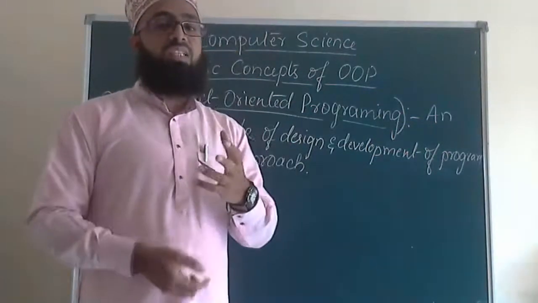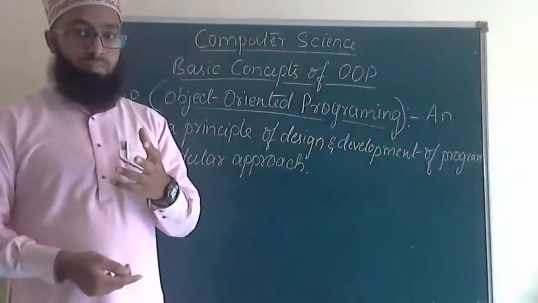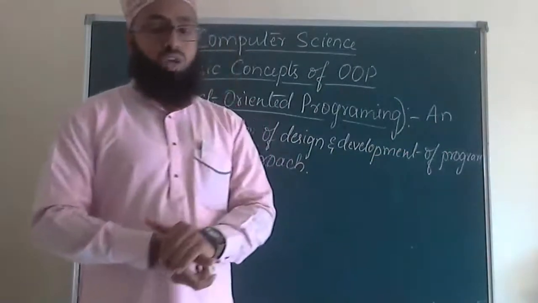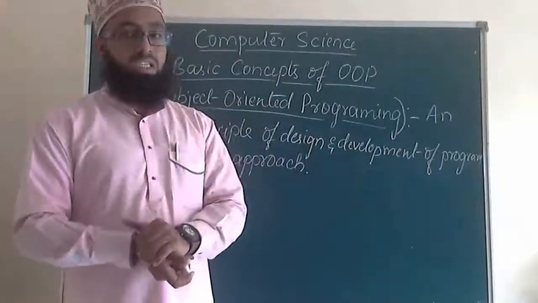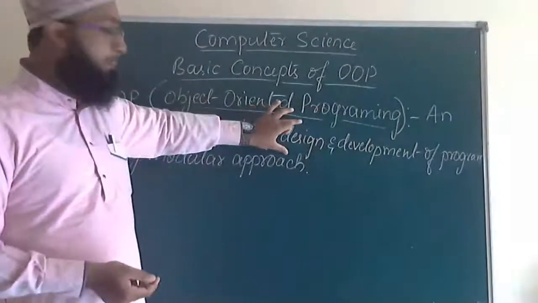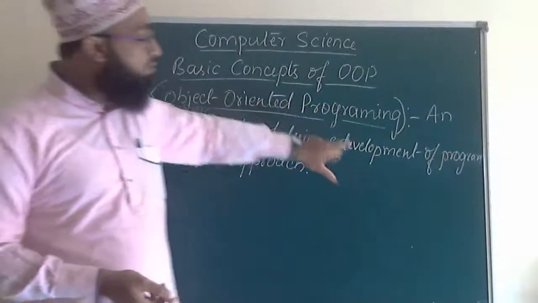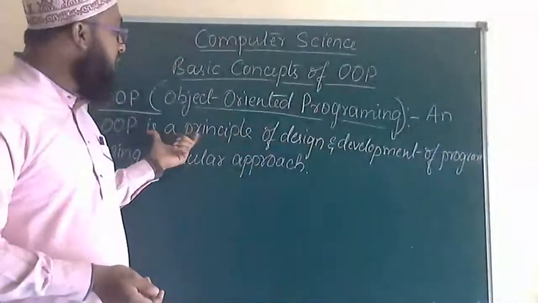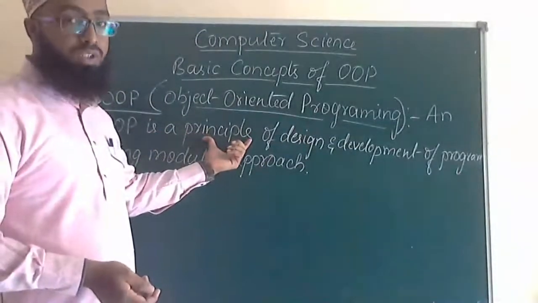So these are called as programs which you have executed in your first PUC and tried in this year. To design and develop that type of program, object-oriented principles are used.